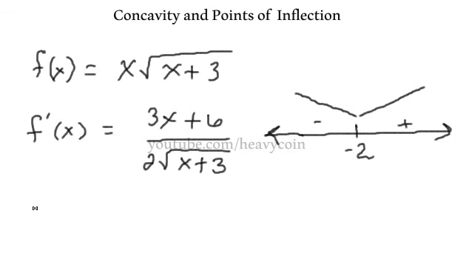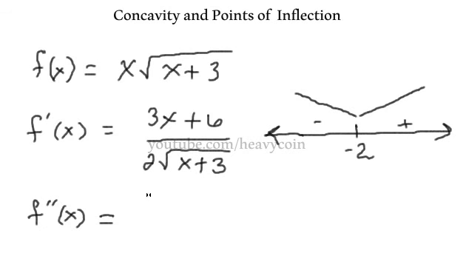And of course when we took the second derivative, we couldn't find any critical numbers. Well, we found something, but it has to be in the domain of the original function to determine the concavity of the graph, and it wasn't. It was outside. It was like -4 or something.